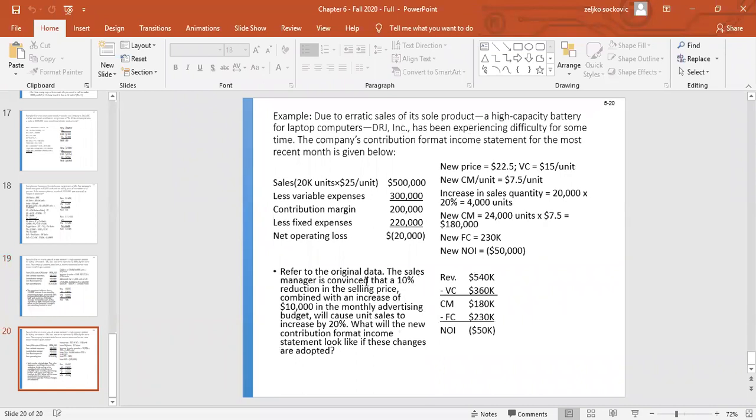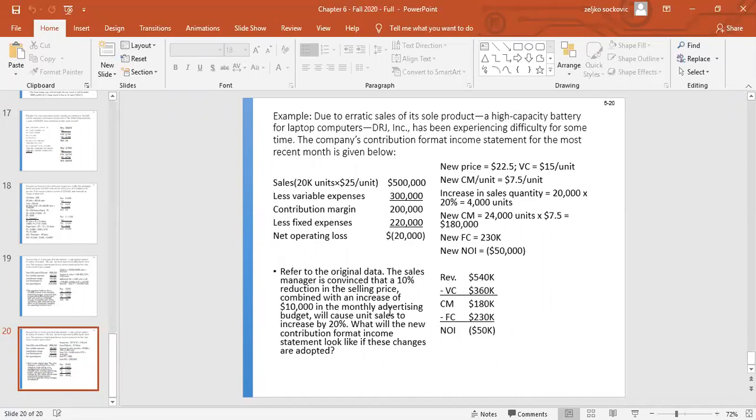Okay, here the sales manager commissions are a variable cost, right? Because they're directly related to the volume, to the activity, number of units.